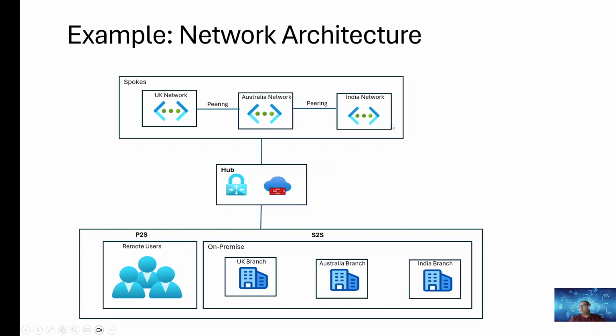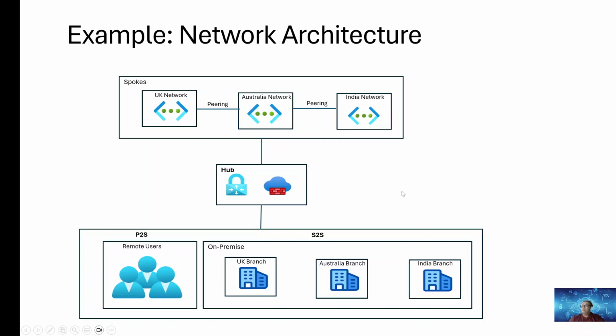So small spokes can be peered as well, in a multi-hub and spoke deployment. And this hub is accessed from remote users, point-to-site and site-to-site. There are various branches which use this.